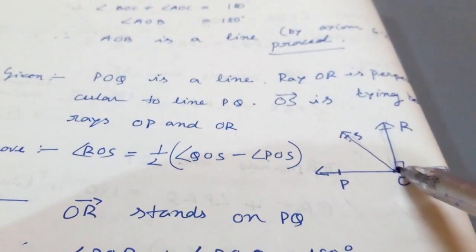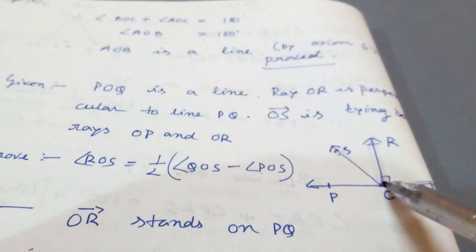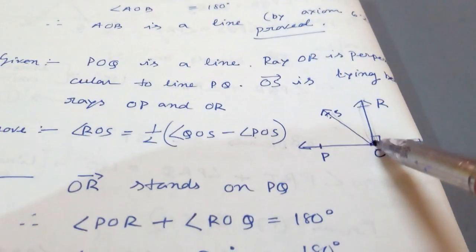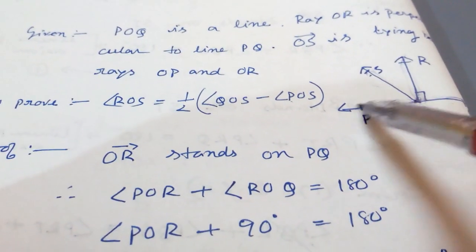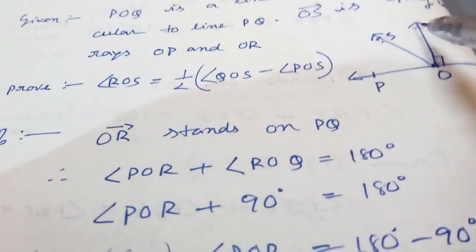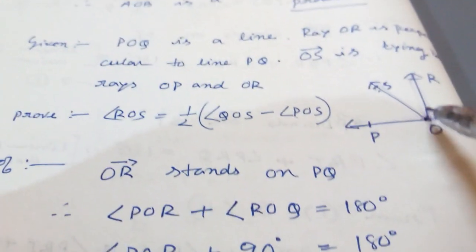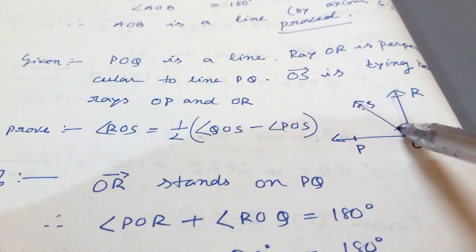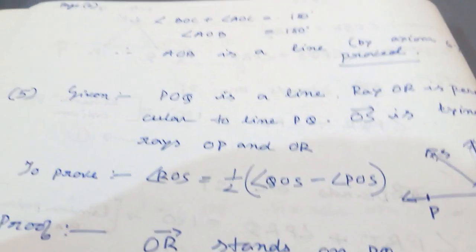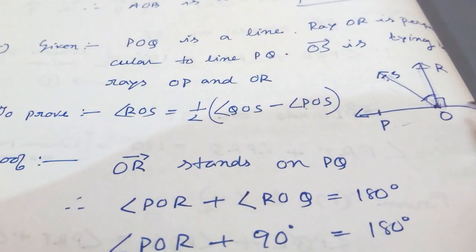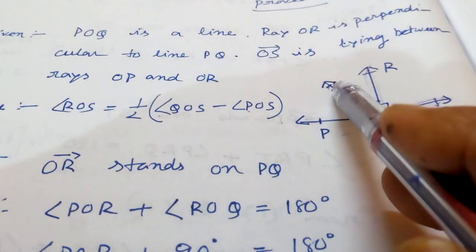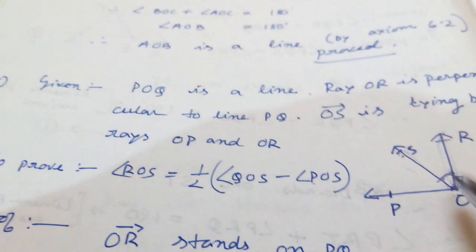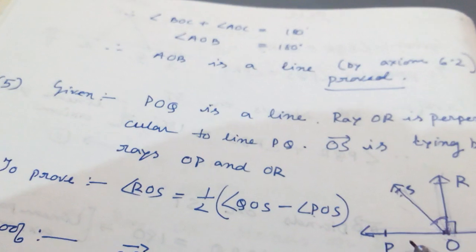OS is another line between ray OR and OP. To prove that angle ROS is equal to half of QOS minus POS.